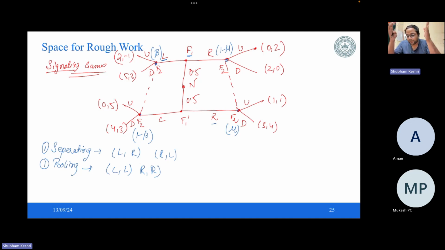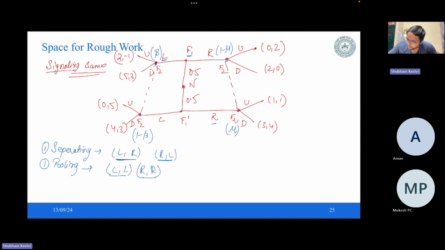And firm 2 will only observe that firm 1 is playing either L or R. He doesn't know which type of firm it is. But the strategy of firm 1 will be written in this tuple. You understand why, right? Because if firm 1 is of type 1, he will play the first action. If firm 1 is of type 2, he will play the second action.